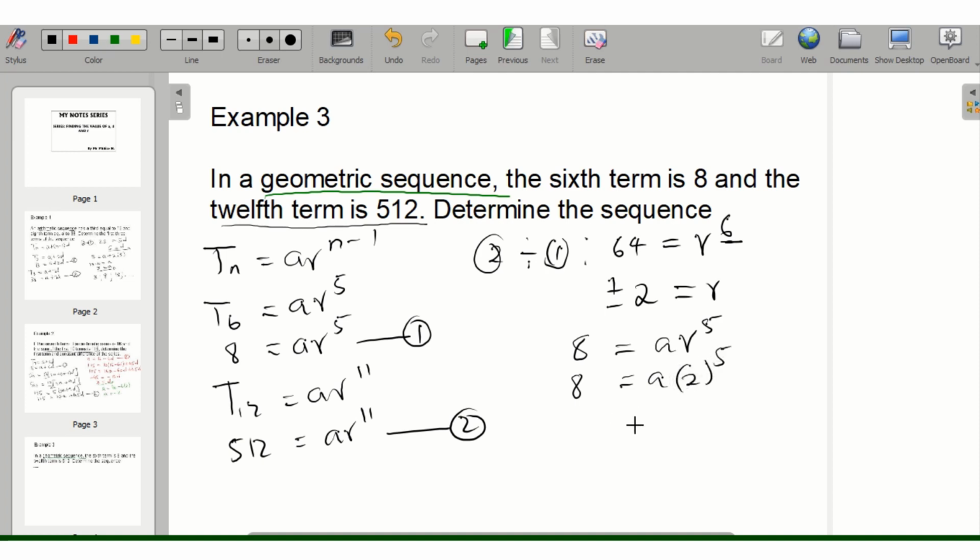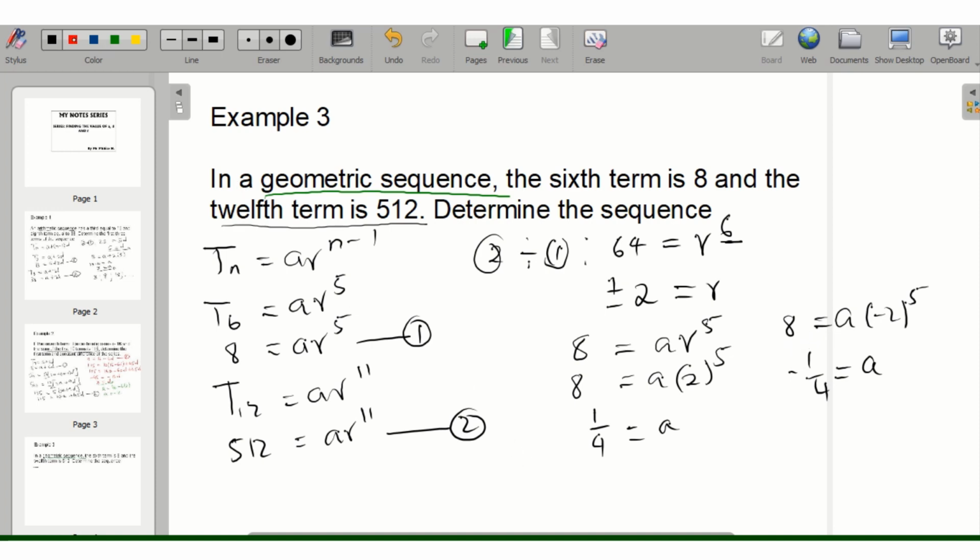And then we divide on both sides by 2 to the power 5, and we'll get our first value, which will be 1 over 4. But if we substitute minus 2 to the power 5, our a will be minus 1 over 4.